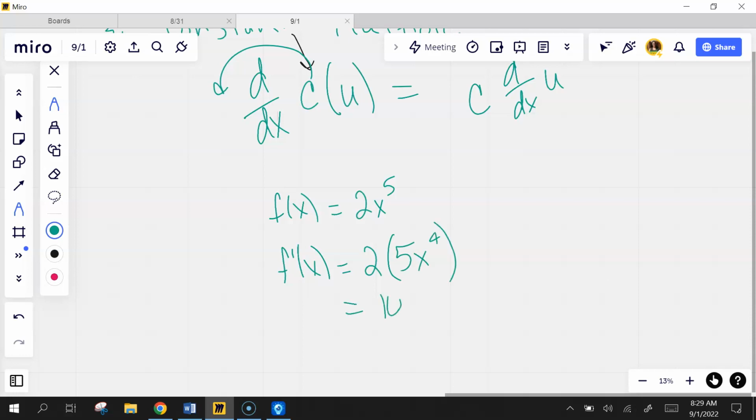So the derivative here would be 10x to the fourth. And most of the time we just skip that step and just multiply here and say that's 10x to the fourth. But that's the constant multiplier.